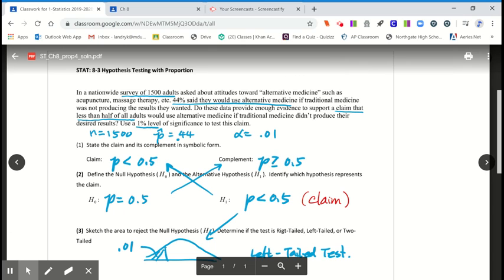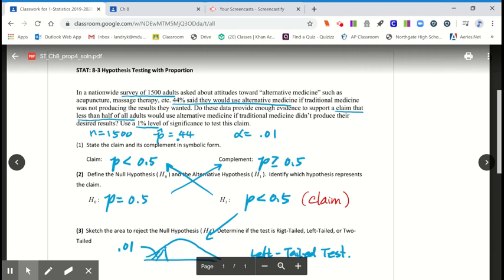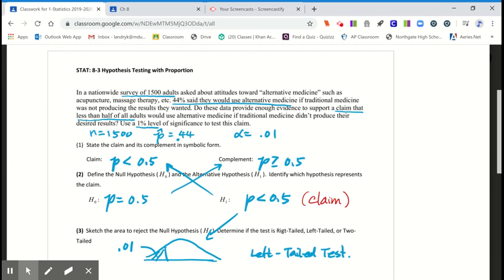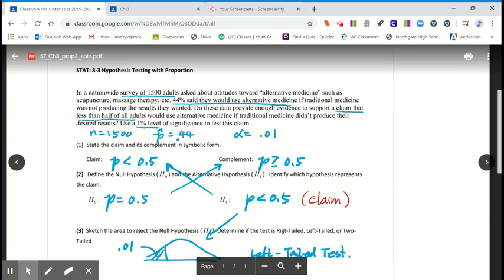Okay, so that's the sample, p hat is 0.44. Do these data provide enough evidence to support a claim that less than half of all adults would use alternative medicine? So that's the claim, that P is less than half, which is 0.5.